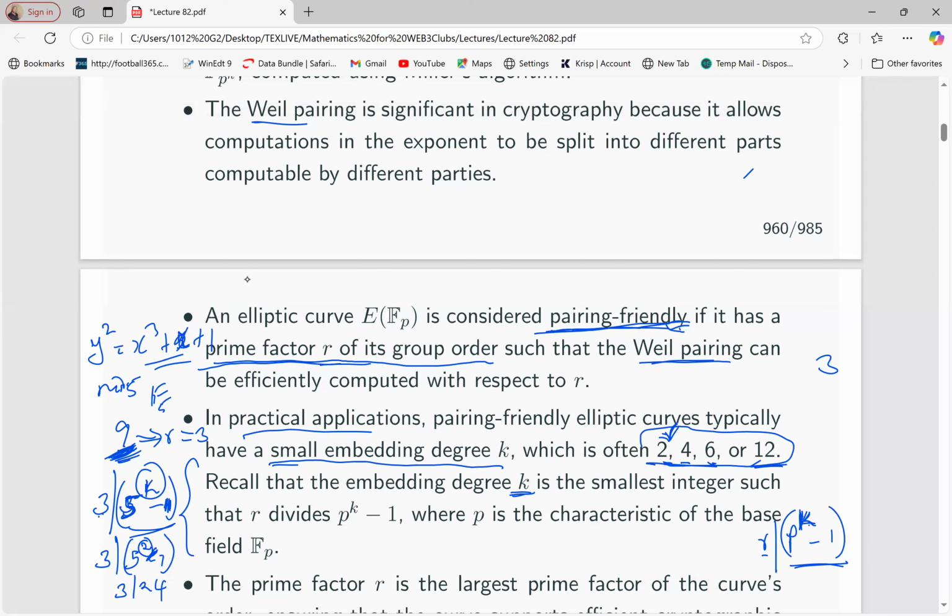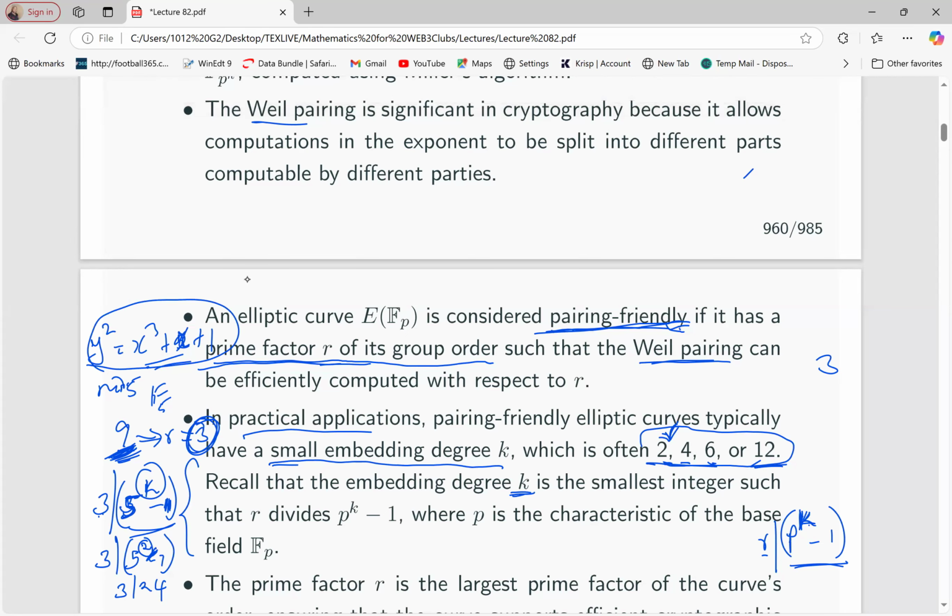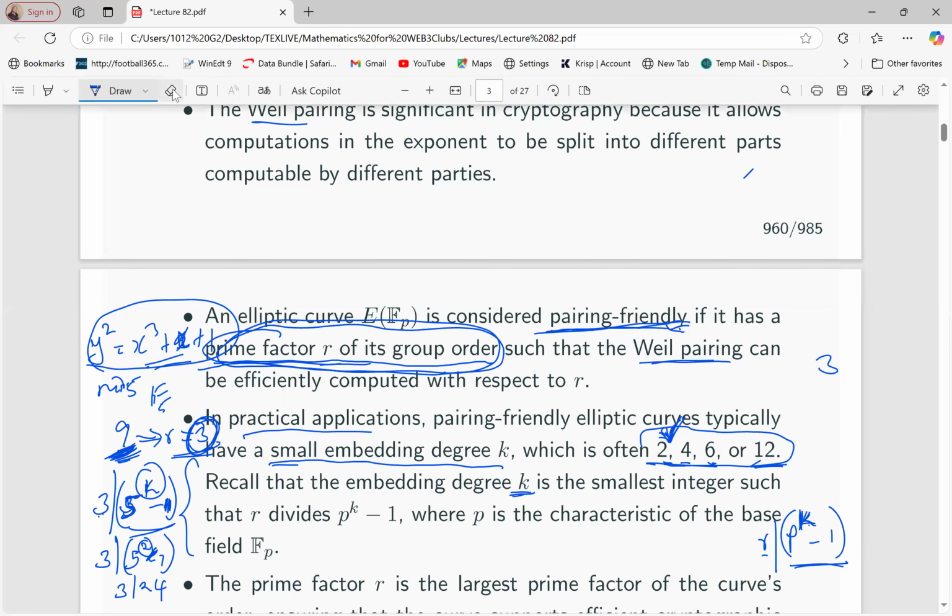But since our divisor is 3, this elliptic curve will not be pairing friendly, because of R, the divisor. Although it has the right embedding degree, the divisor is 3.